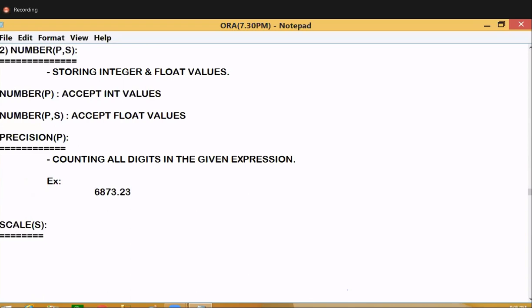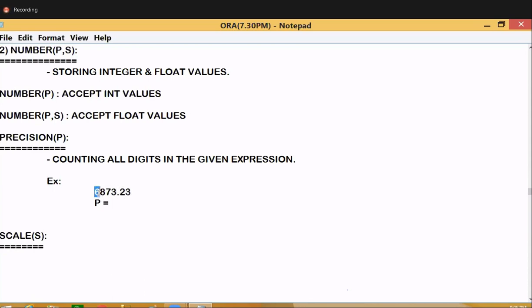So precision is counting all digits in the given expression. Suppose 6873.23 is one expression. In this expression, I want to know my precision, that is the P value. The decimal point is there, so the digits on the left side and the right side of the decimal point, the total number of digits, you have to count.